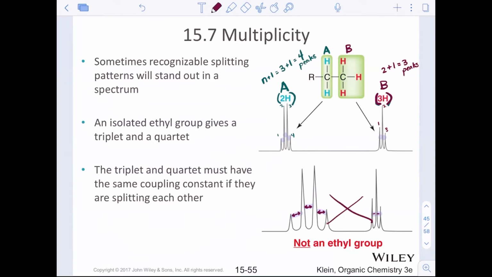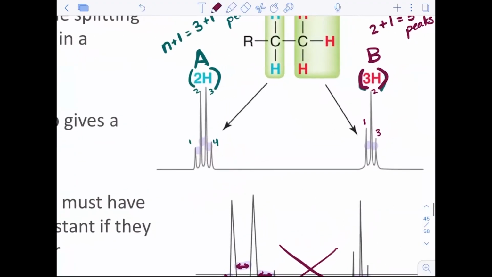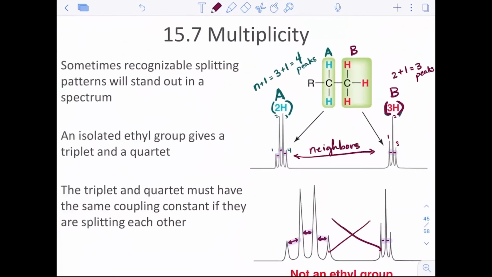They might be on the same molecule, but they're not splitting each other. These guys, let's just zoom in here a little bit. This distance is the same as this distance. So these must be neighbors, because not only does the n+1 value match up, but the coupling constants, the distance that the signal is split, is consistent.